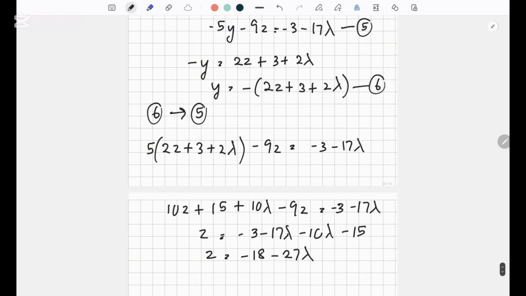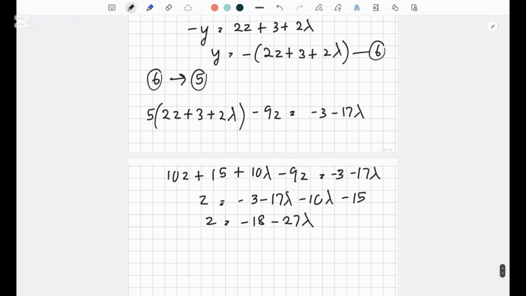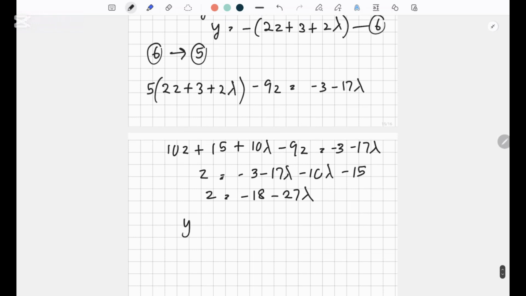Yep. We found z. Now we find y. y equals minus 2 into minus 18 minus 27 lambda plus 3 plus 2 lambda.